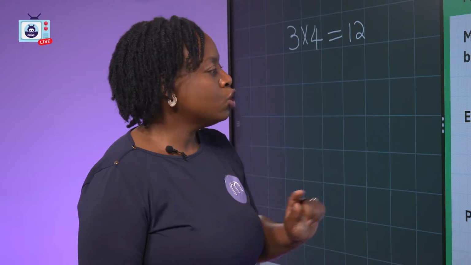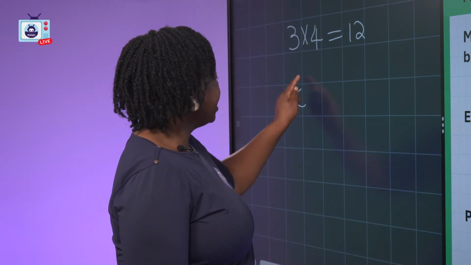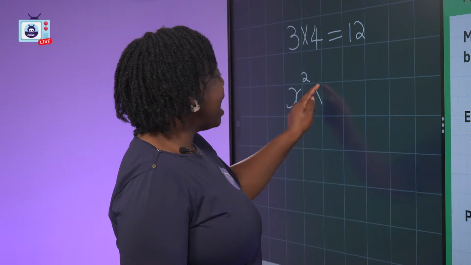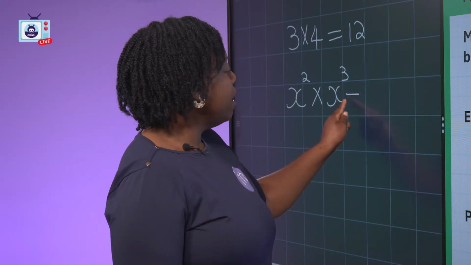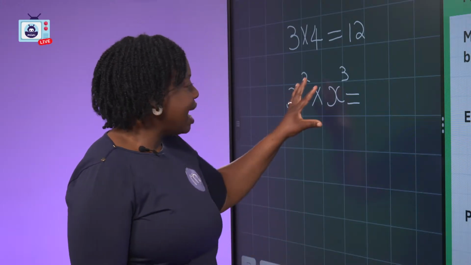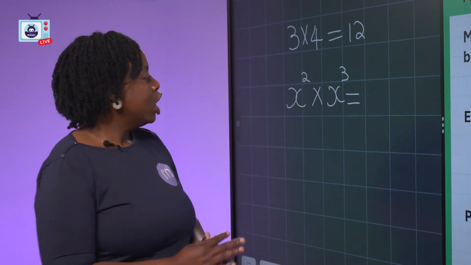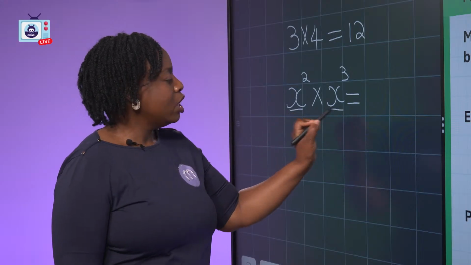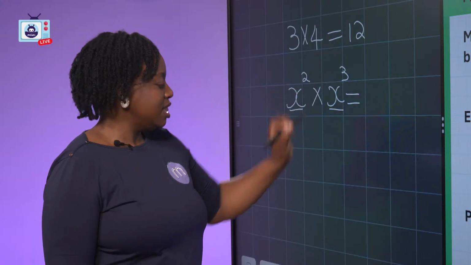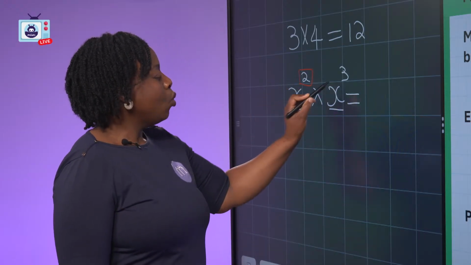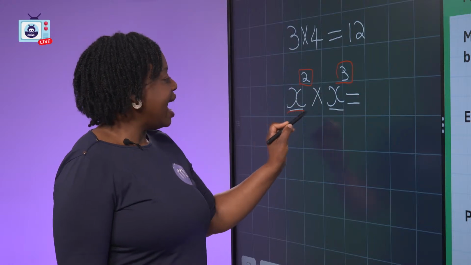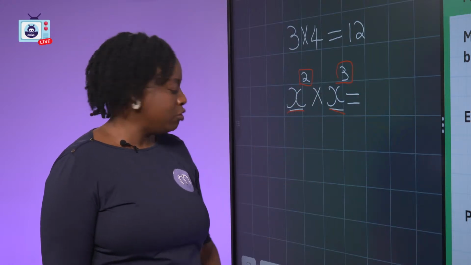Also, if I multiply x squared by x cubed, if you remember our rules of exponents, when we multiply exponents with the same base, we add the indices. So that's what you have to remember here.